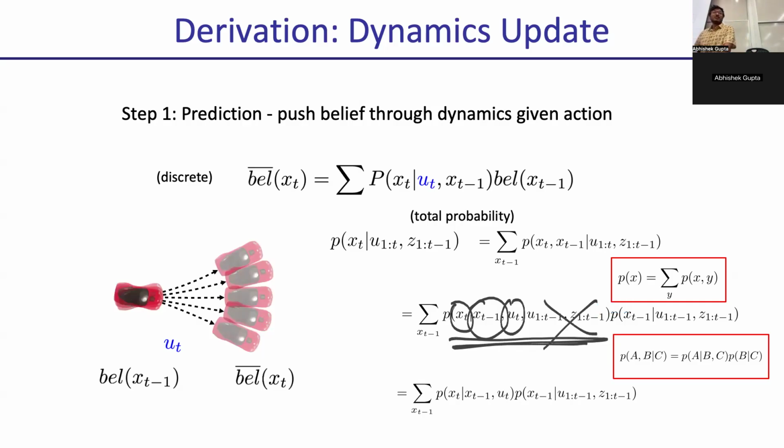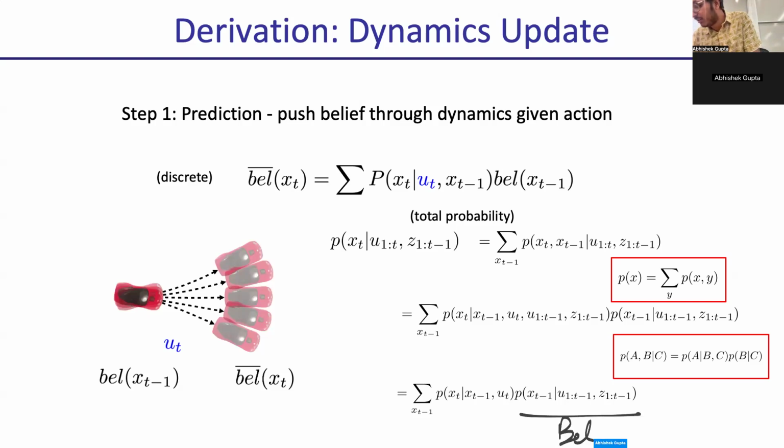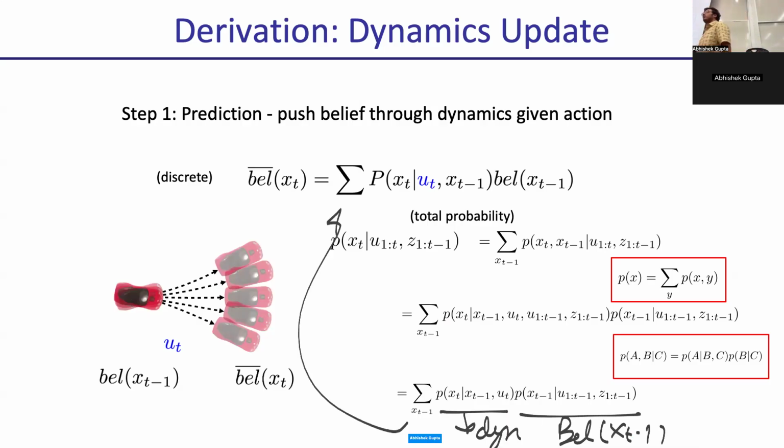And so the last line is the Markov property, and then you'll note that this thing is basically belief at xt minus 1. This is your dynamics model, and then you directly get your connection, right?